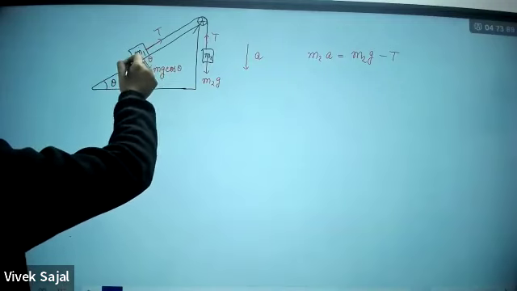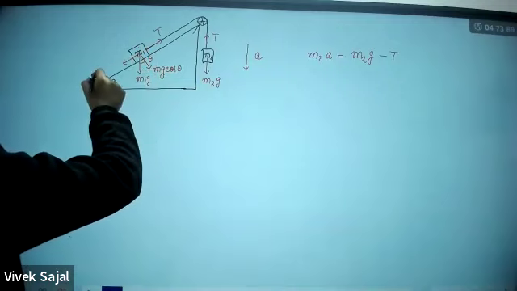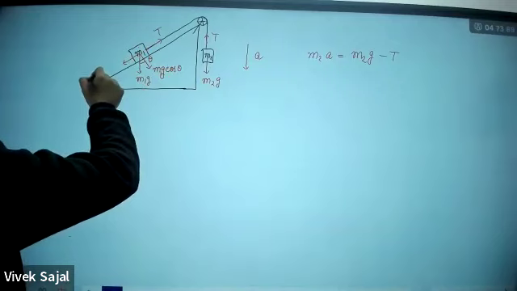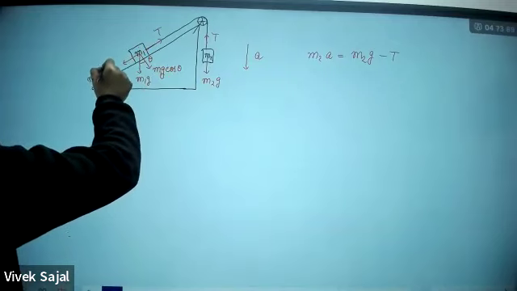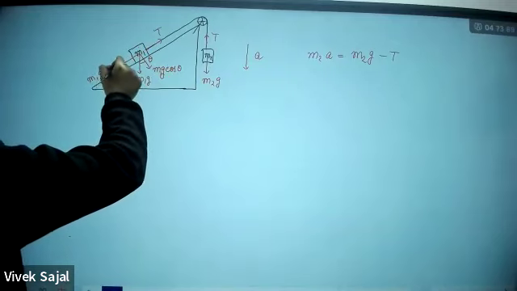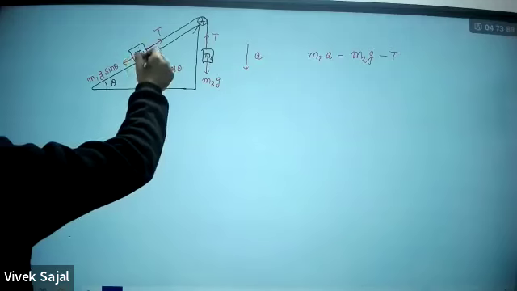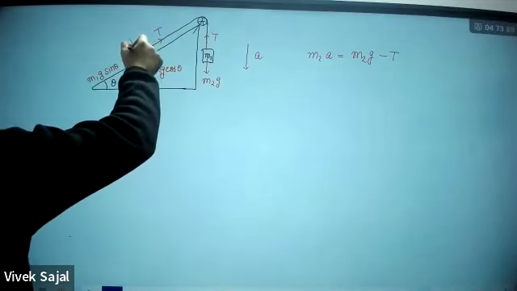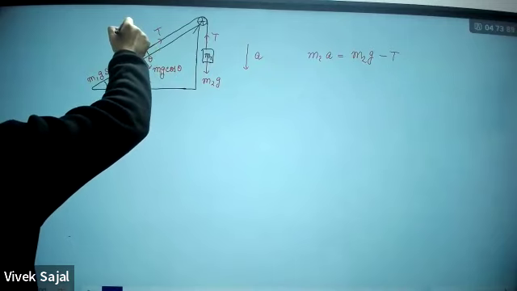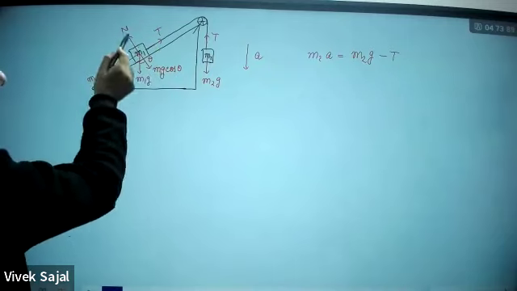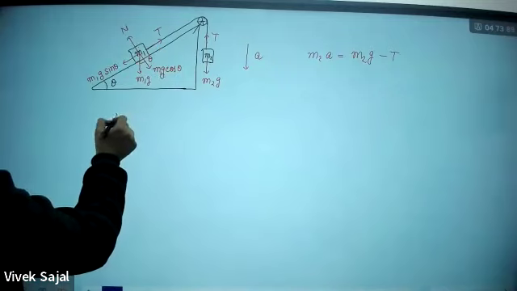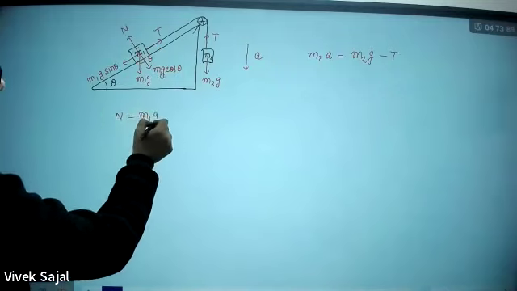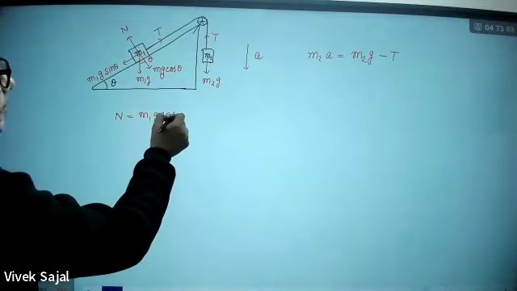A component will be here in the opposite direction, along the incline. This will be M1g sin theta. Normal reaction, because this block is in contact with this inclined surface, so the inclined surface is going to exert a normal reaction N. So this N will balance M1g cos theta. So I'm going to write N is equal to M1g cos theta.